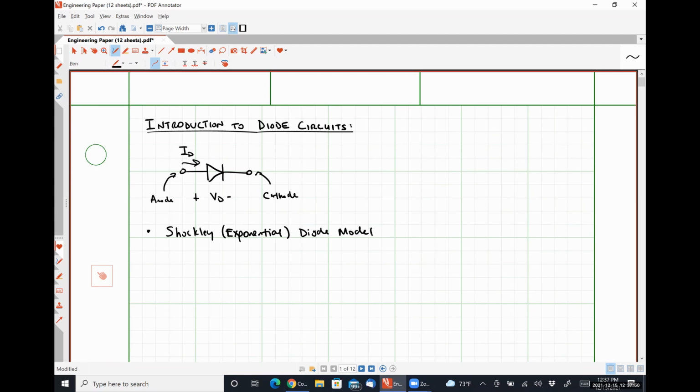So the Shockley model utilizes the relationships that we developed for rectifying junctions in our physics background lectures over these last couple of class periods.